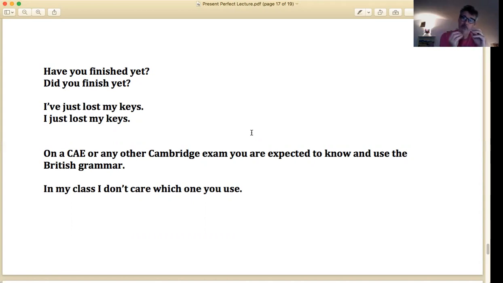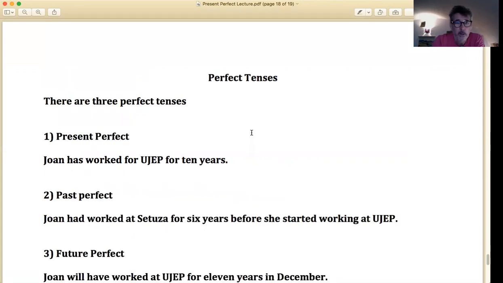A lot of those simplifications got codified into American grammar, which sometimes makes the English mad, but what can we do about that? But again, if you do a CAE or Cambridge exam, you want to use the British grammar if you can, because they're not going to dock points from you. And again, I don't really care what you use.